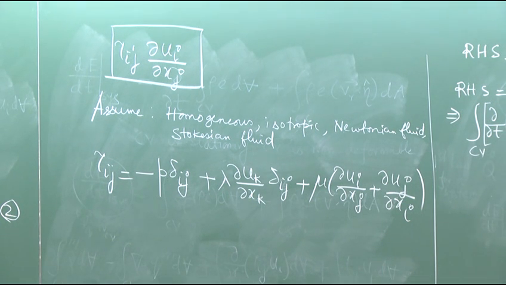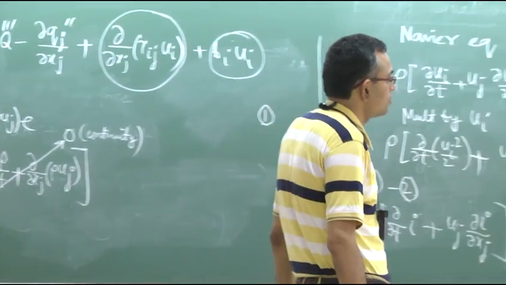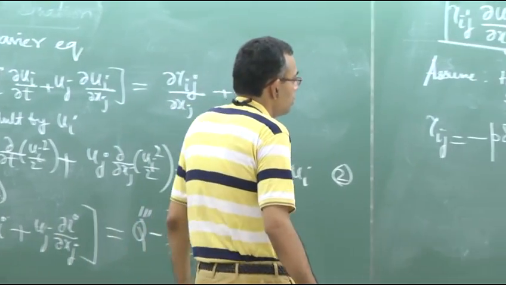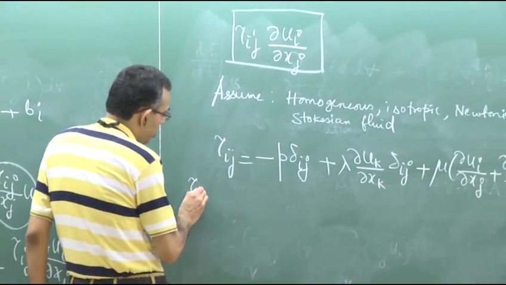This we discussed in quite some length. So, tau ij del u i del x j.